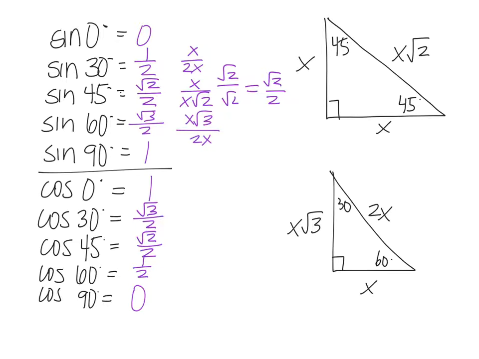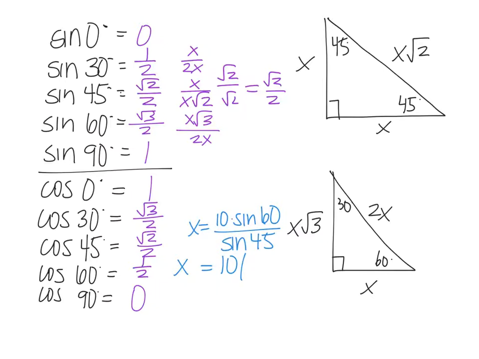So we can actually go back to the previous problem, where we had something like x equals 10 times the sine of 60 divided by the sine of 45. We're able to do this a little bit better. So we have 10 times the sine of 60, and I know what that is, because I just found that out.